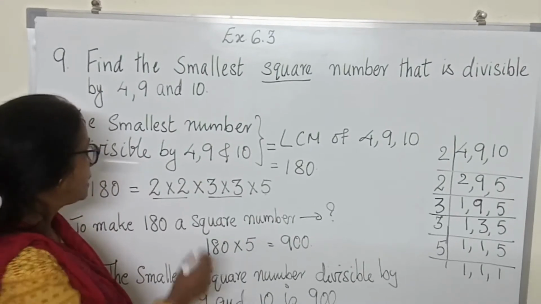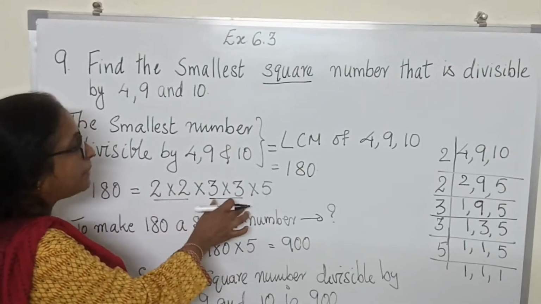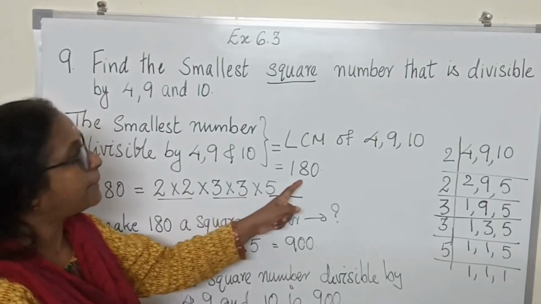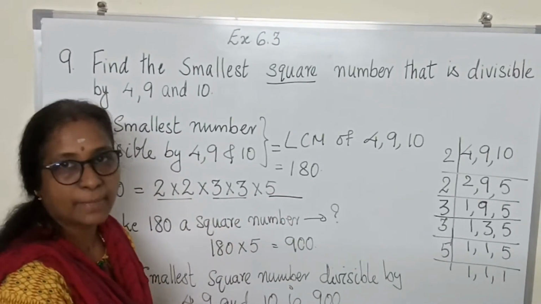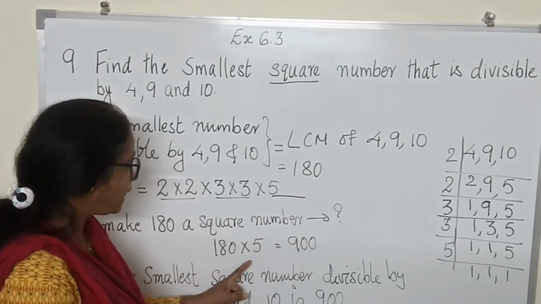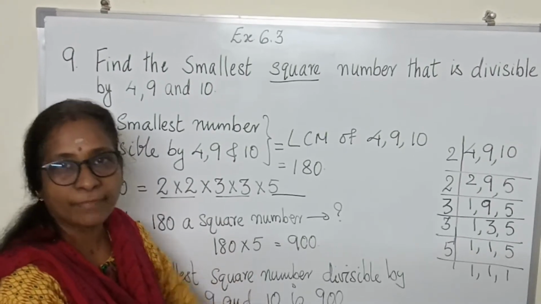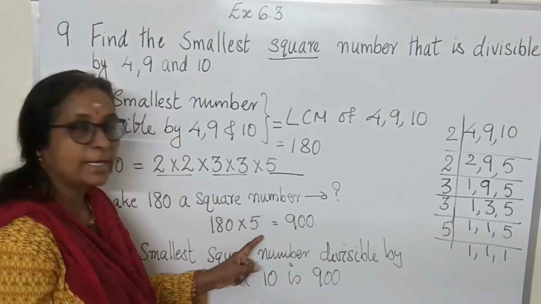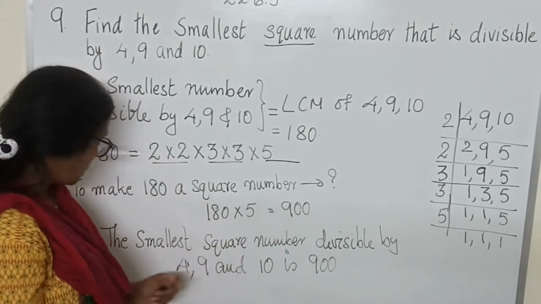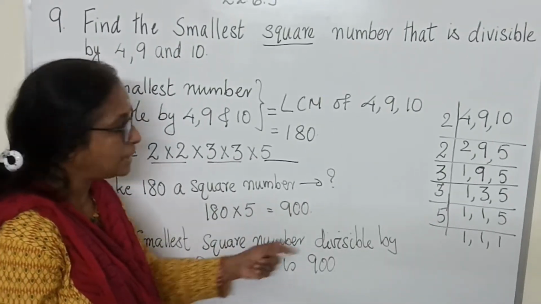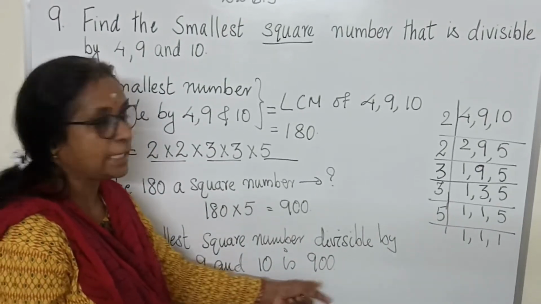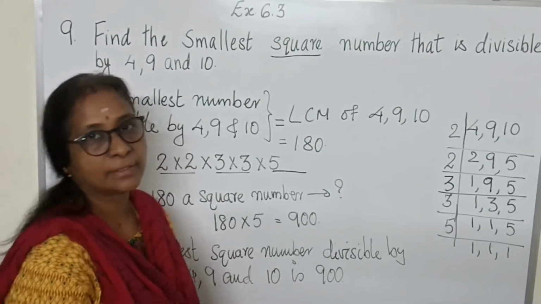You get one pair here, another pair here, but 5 is not getting a pair. So to make it a perfect square, multiply 180 by 5. When we multiply 180 by 5, we get 900. So the smallest square number divisible by 4, 9 and 10 is 900.